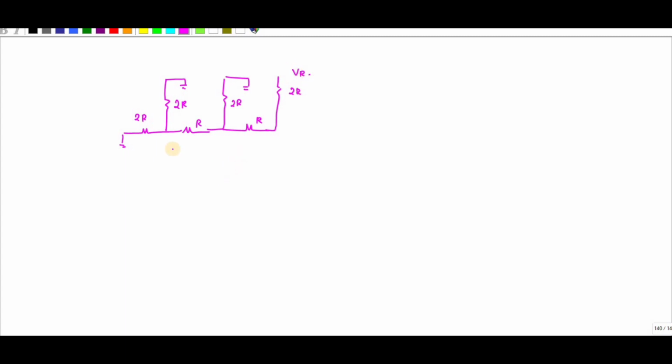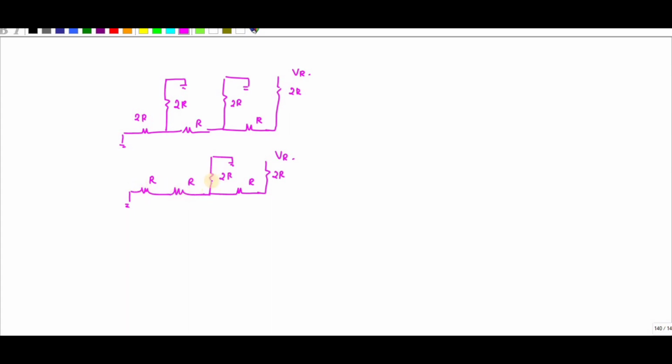and this 2R is connected to VR. So if that is the case, what is the value? If I solve this one, these two 2R are in parallel, so I will get R, right? So this is R. Now this is also R. So we'll get 2R, R-2R and VR. Okay, so this is 2R.